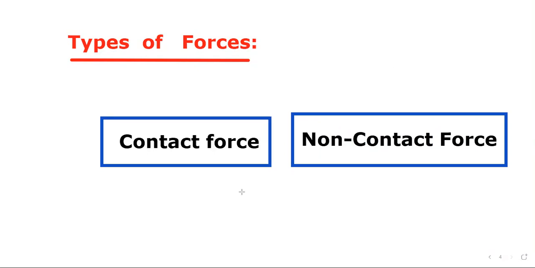Okay, let's consider the contact force. Contact force is when an object physically comes in contact with another object and then force is exerted.